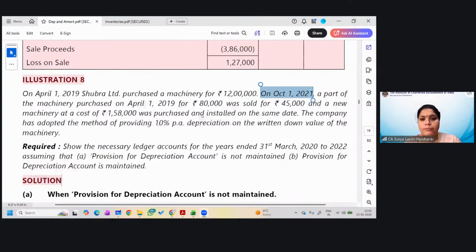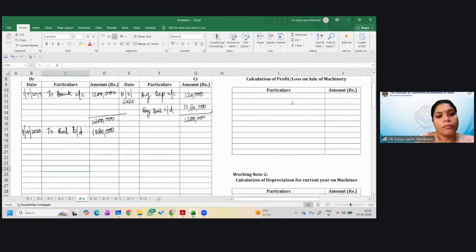So do that also. 31st March 2021 by depreciation account be 1,08,000 because it is told that it is WDV 10%. So the depreciation will not be same every year. By balance carried down will be 9,72,000. Okay. 10,80,000 and 10,80,000.